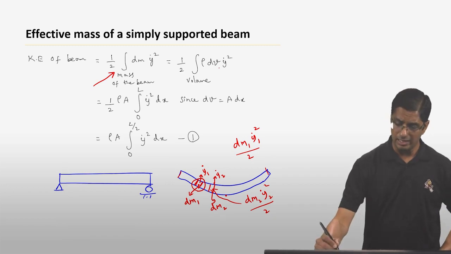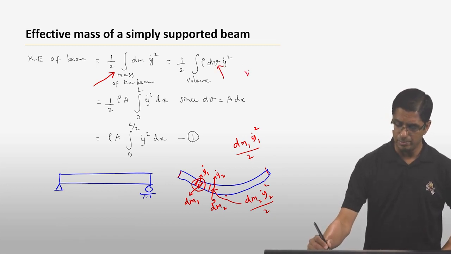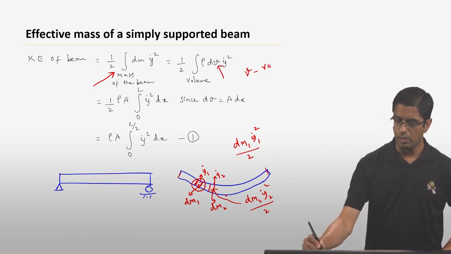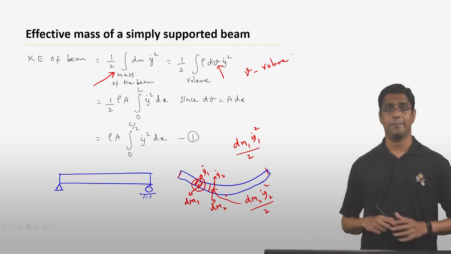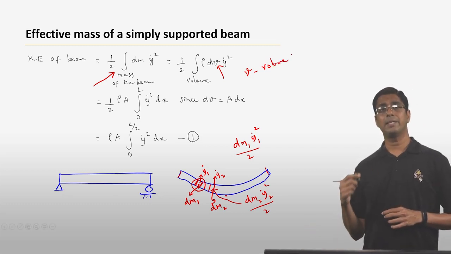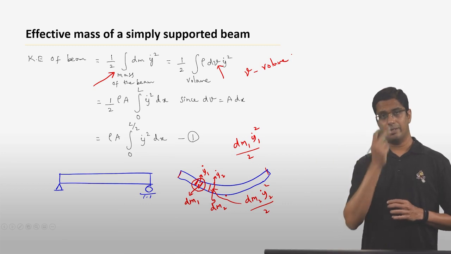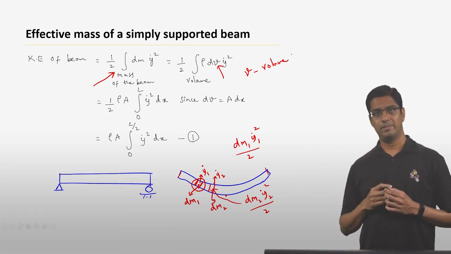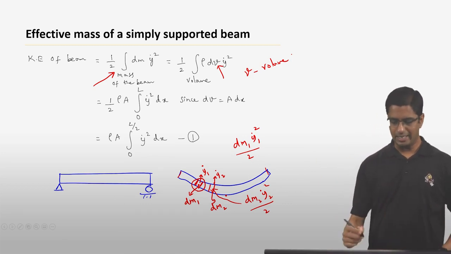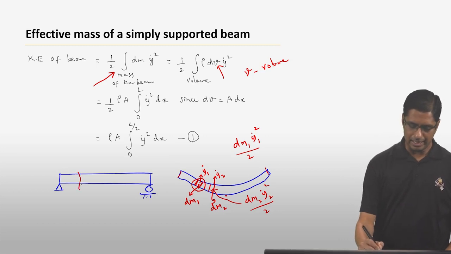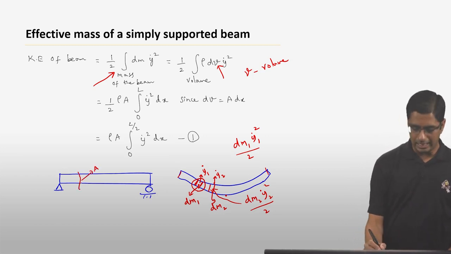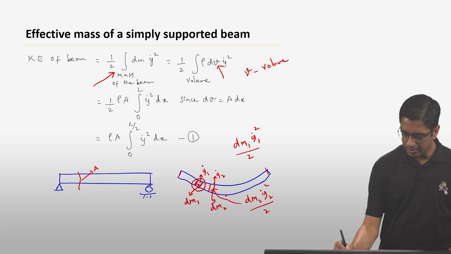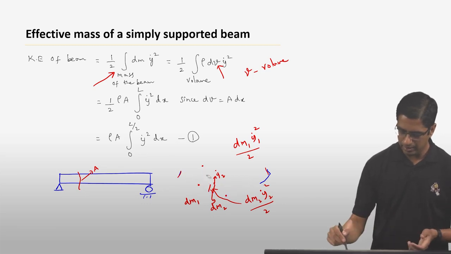That is what this dv is. This small v is the volume, not velocity. So I can say dm is rho times dv. Now what is this dv? This dv is nothing but the cross-sectional area of the beam times the small distance. Let me just draw this again.